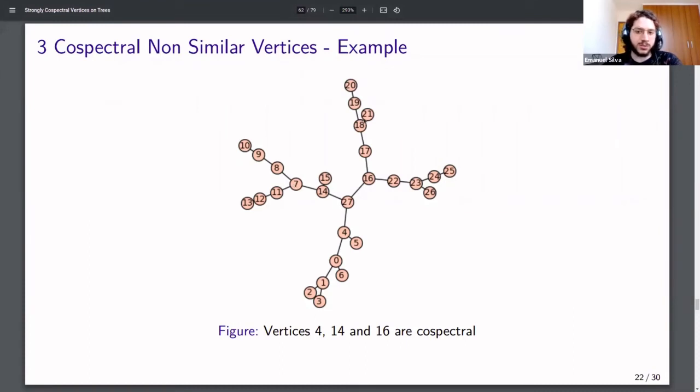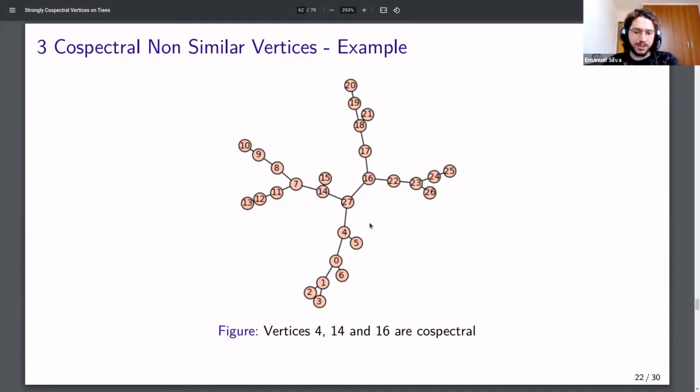And I choose the limbs in such a way that after adding it, the three vertices are cospectral, even though they are not similar. And actually, that is a collection of limbs that we could choose here and add. I have like 50 of those triples of limbs.